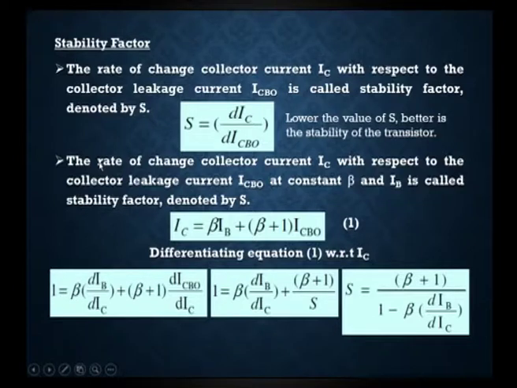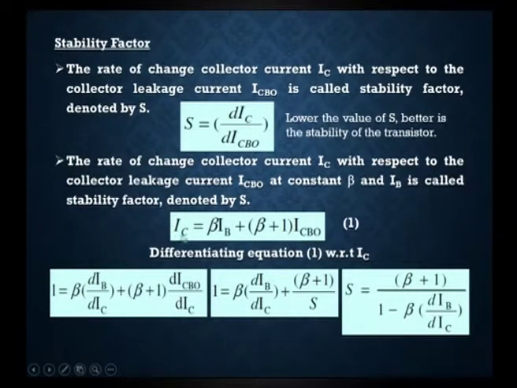The rate of change of collector current IC with respect to the collector leakage current ICBO at constant beta and IB is called the stability factor, denoted by S. The IC is always equal to beta into IB plus (beta plus 1) into ICBO.